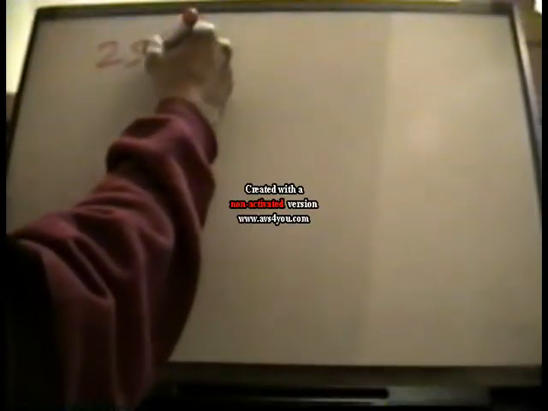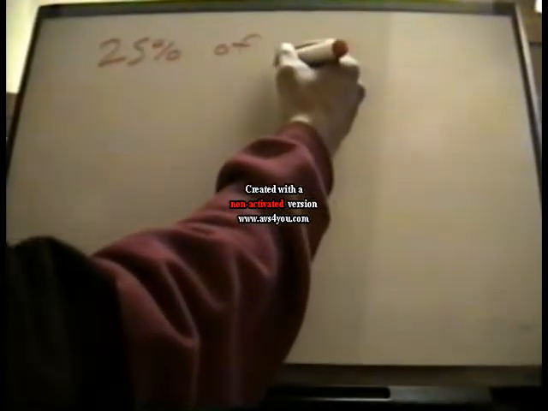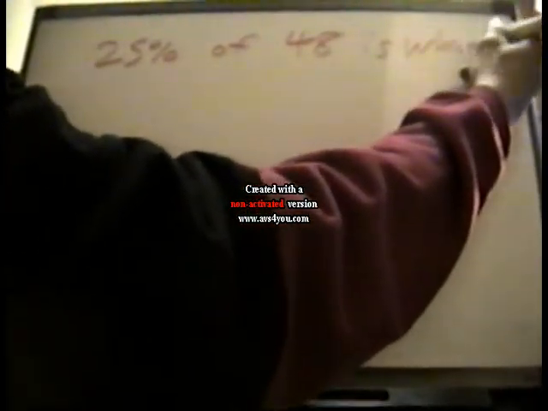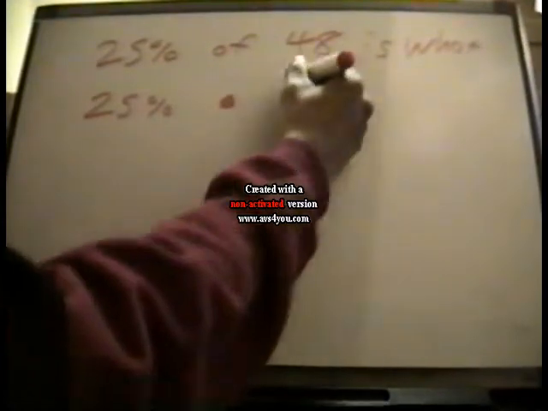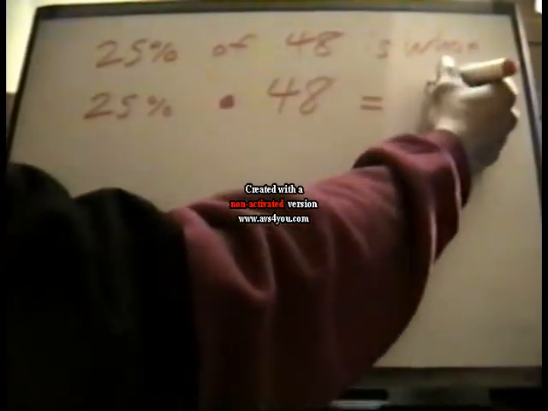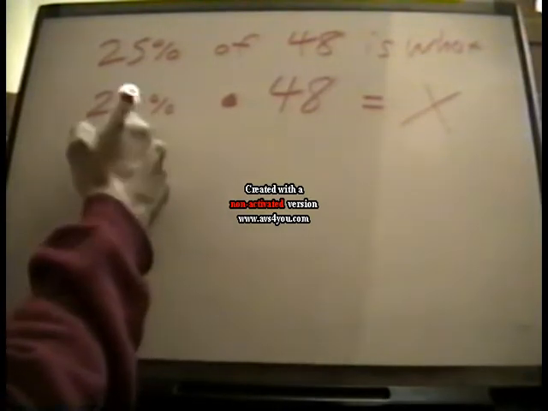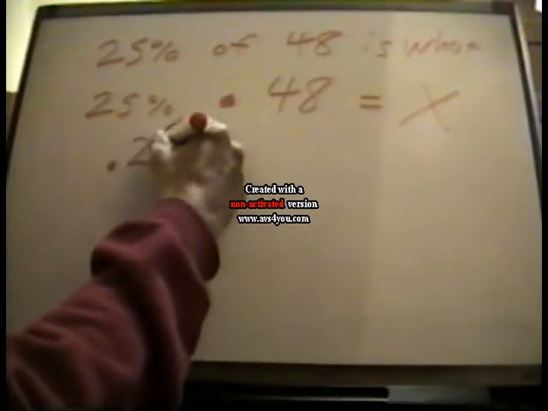You say 25% of 48 is what? Or we could say, what is 25% of 48? So we turn the 25% into a decimal number, that becomes 0.25.